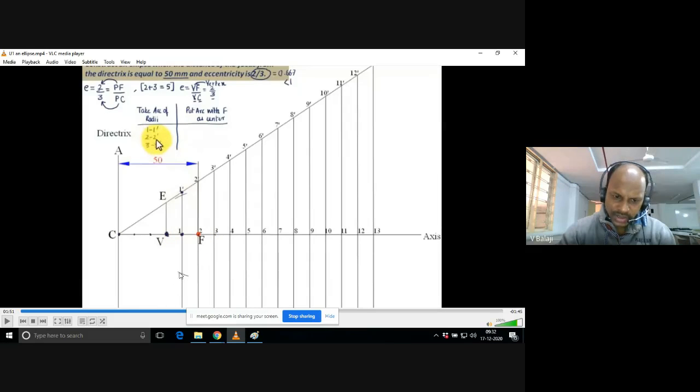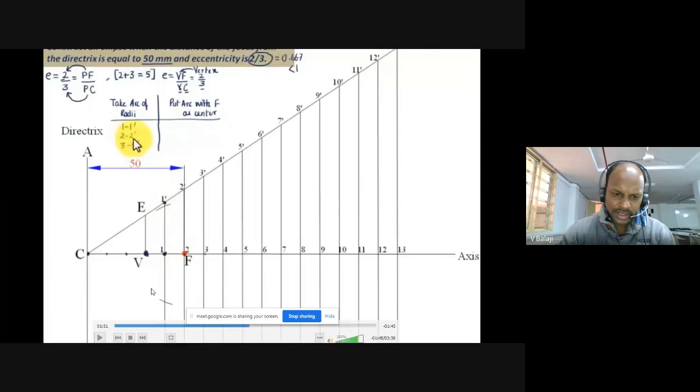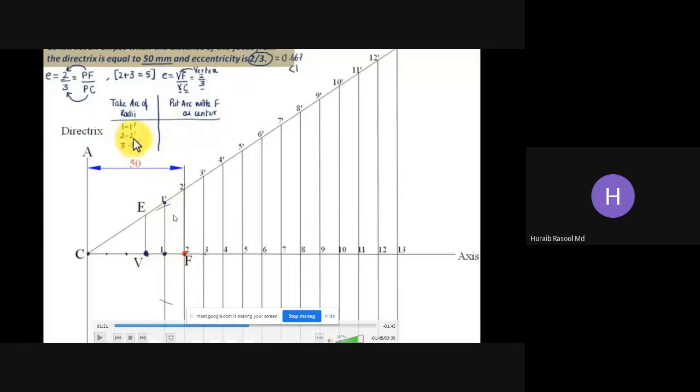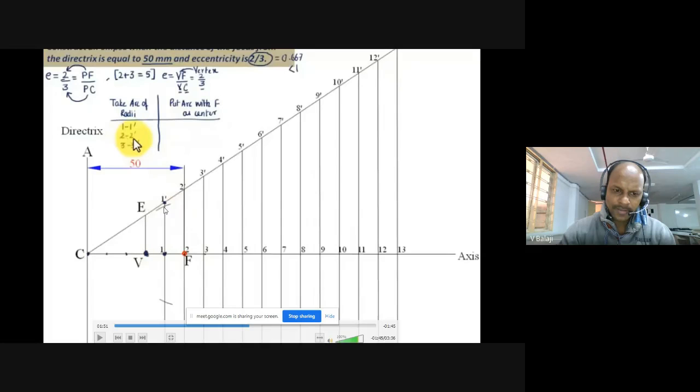Have you seen these arcs here? Are you able to see the screen clearly? Here one arc is there, one more arc is here. Focus is the center. For drawing these two arcs, the radius is 1 1 dash. From point 1 on the extended line, this vertical line intersects at 1 dash.